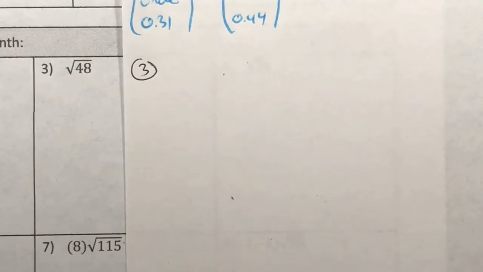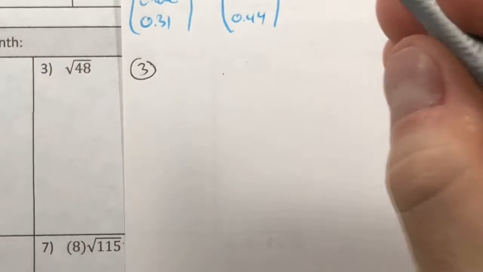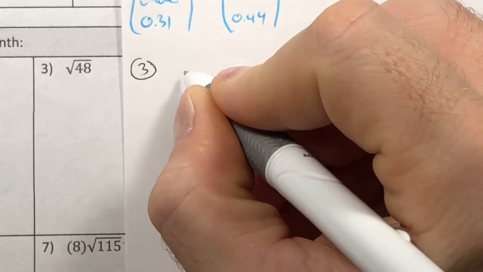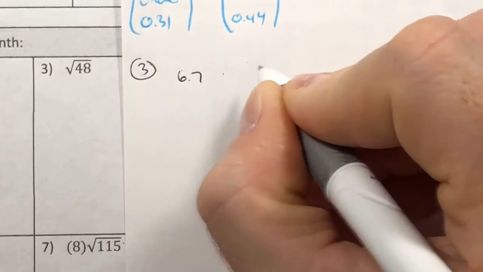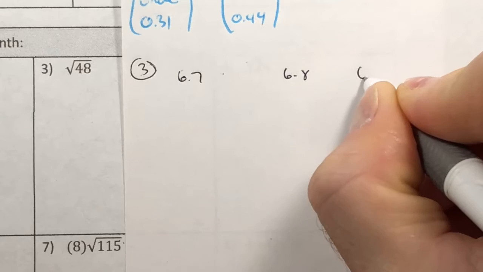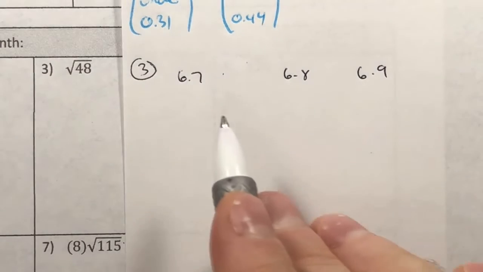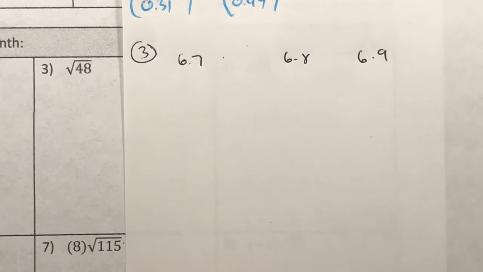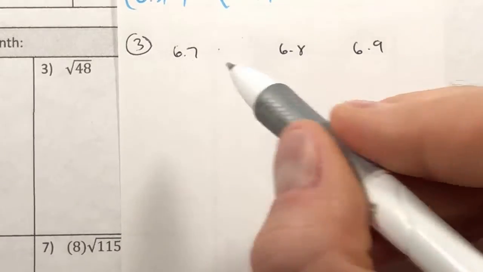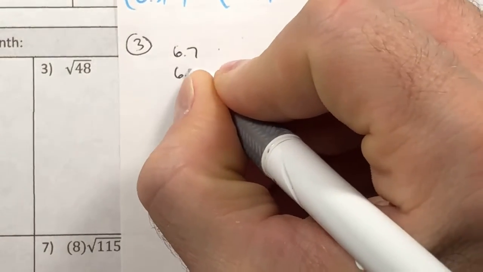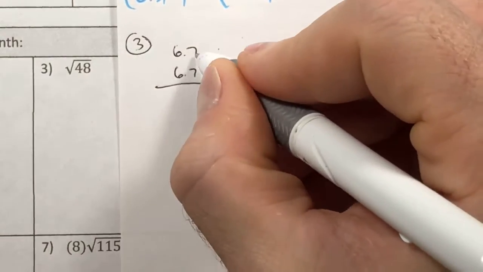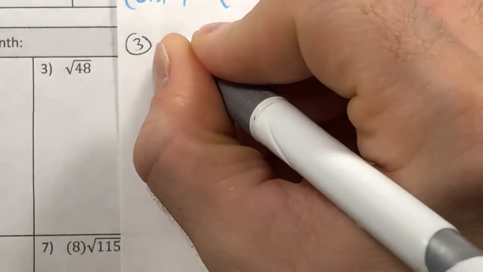So we said that our 3 guesses were going to be between 6 and 7, on the higher end, so I'm going to pick 6.7, 6.8, and 6.9, and see which of these is the closest. With 6.7, I'm going to go ahead and square that. That's going to be 49, carry the 4.